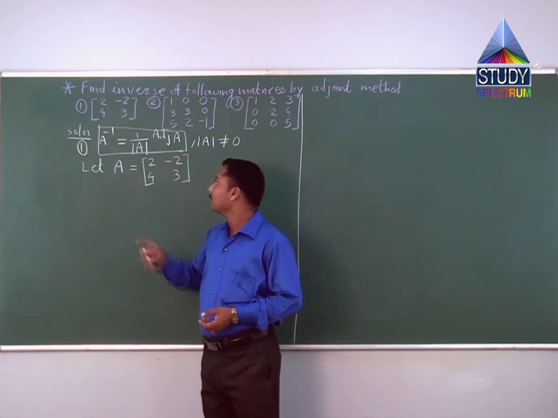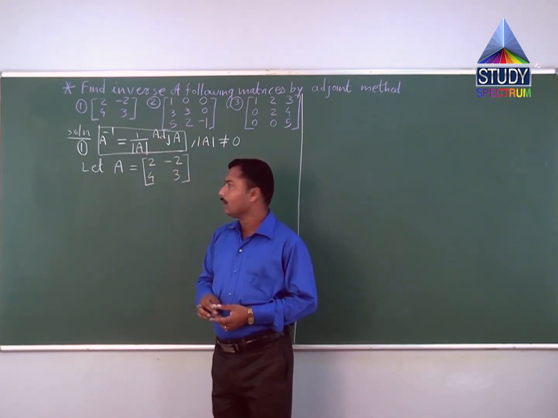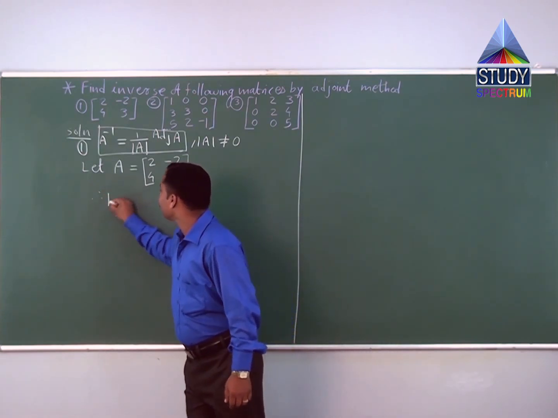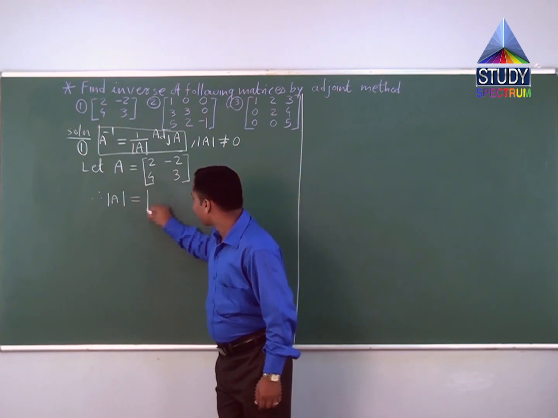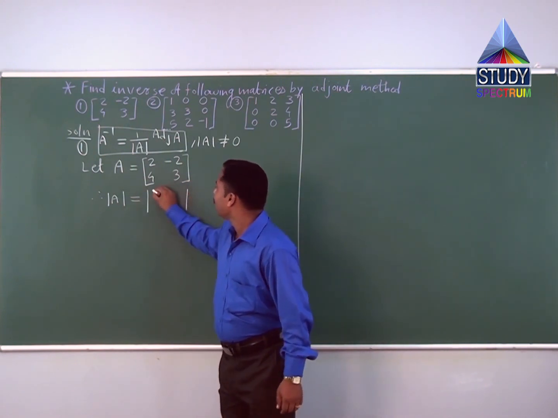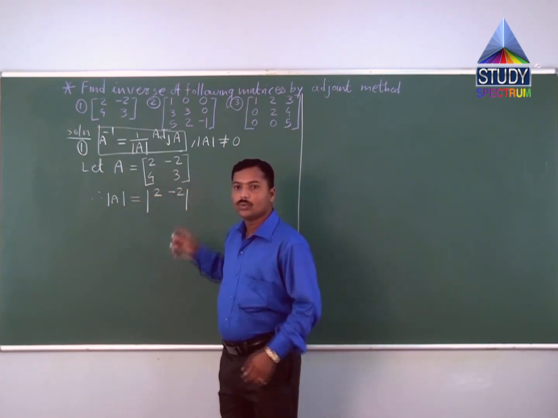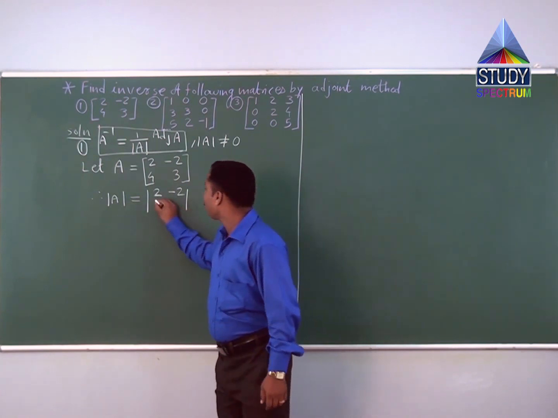So first we find the determinant of A, and therefore determinant of A equal to the determinant of the matrix with first row 2 minus 2, second row 4 3.